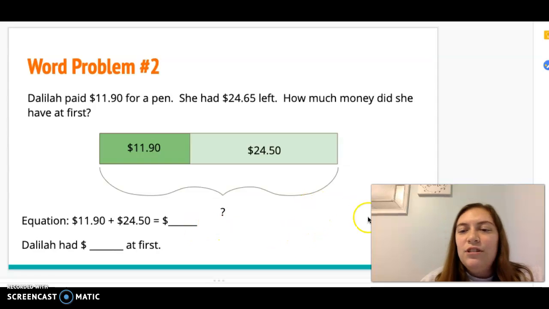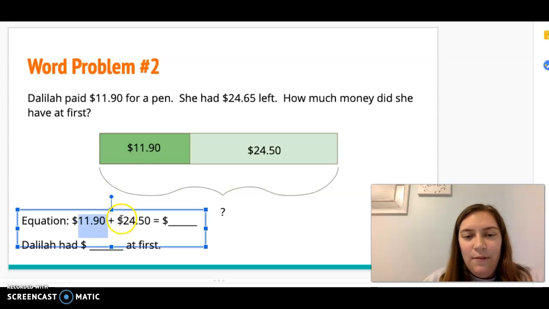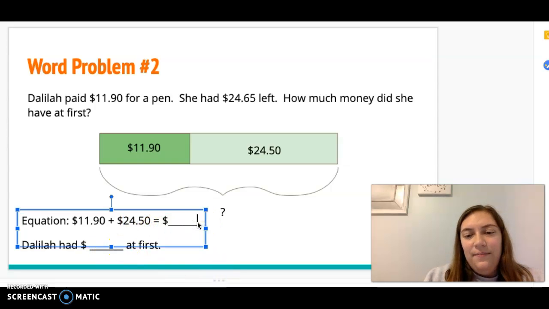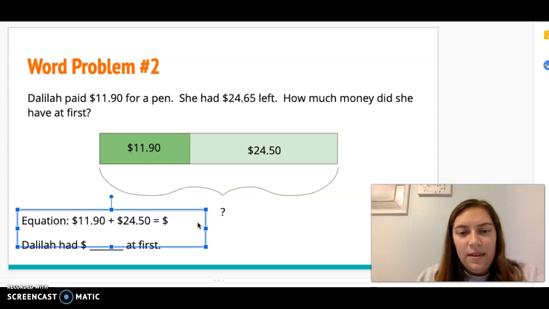So I'm just going to do this the regular way. I'm going to line up my $11.90 on top of my $24.50.